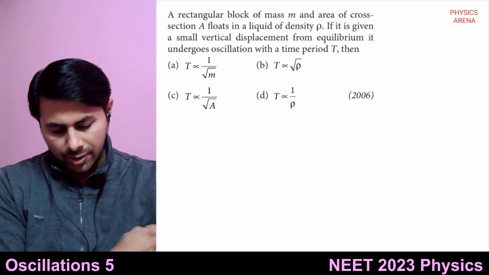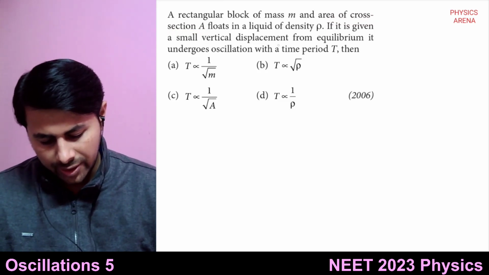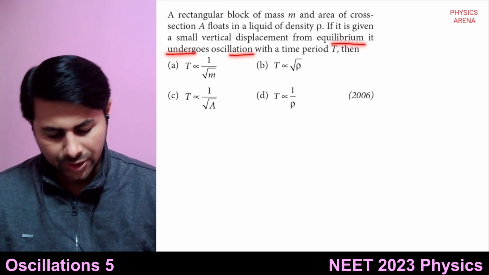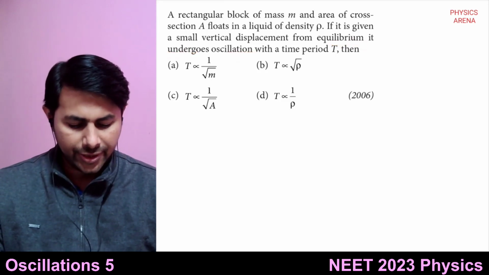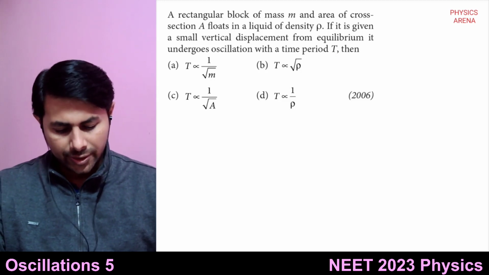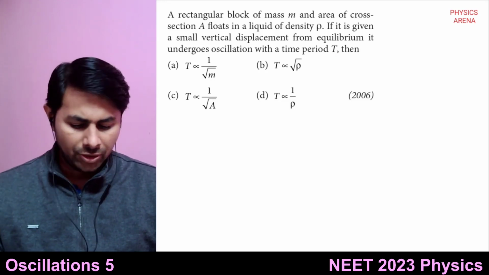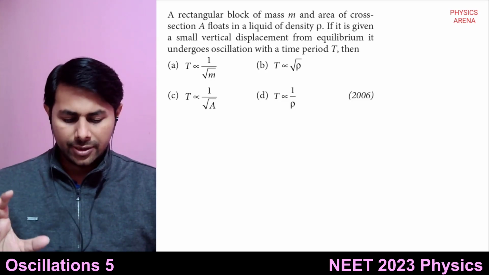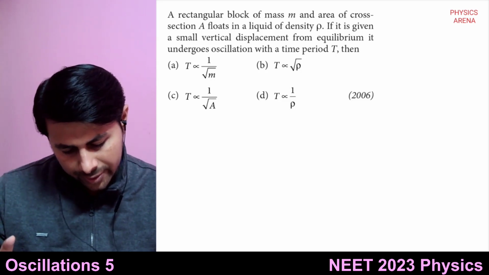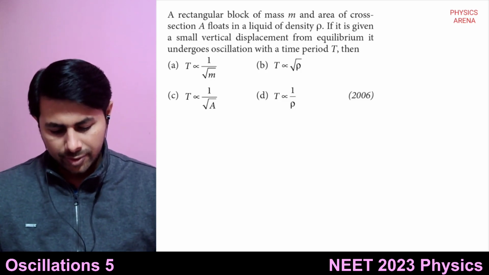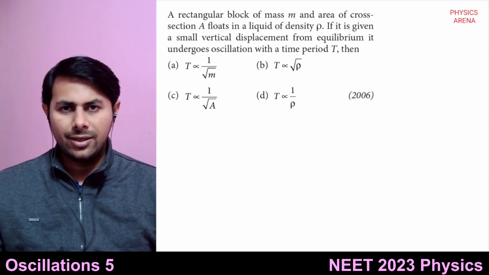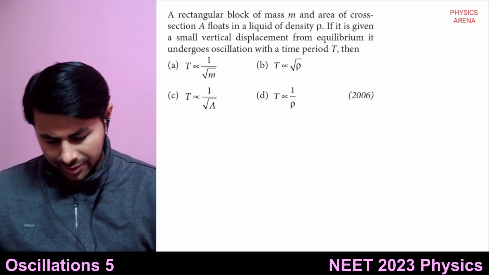A rectangular block of mass m and area of cross section A floats in a liquid of density rho. If it is given a small vertical displacement from the equilibrium, it undergoes oscillation with time period T. Then, when you put a block in a liquid, if it floats, that means its density is less than the density of the liquid, right?